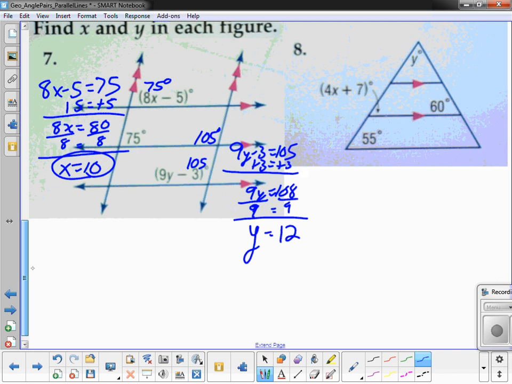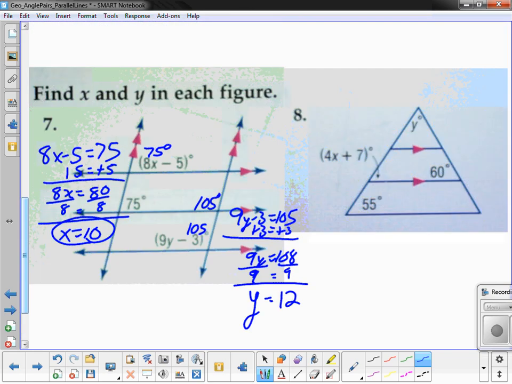That works out. Now let's look at the other figure. As I look at it, I've got parallel lines inside a triangle. So this angle here, I'm going to assume has to be 55.